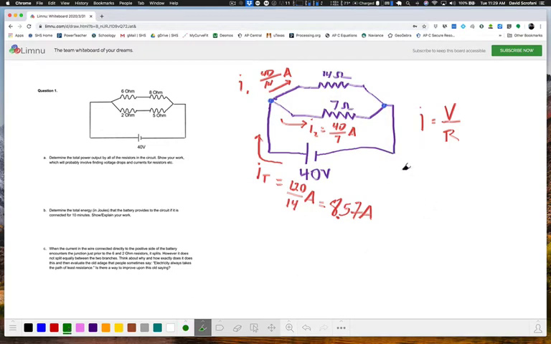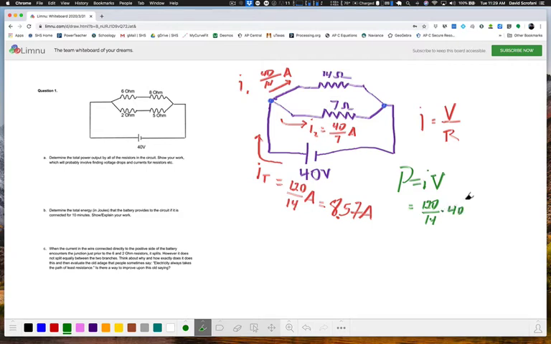So to do that, I'm going to use the standard formula for power, P equals IV, like that. Okay, and I'm just going to come over here and look at the battery when I do that. And I know now the current through that battery is 120 over 14 or 8.57, and the voltage is 40.